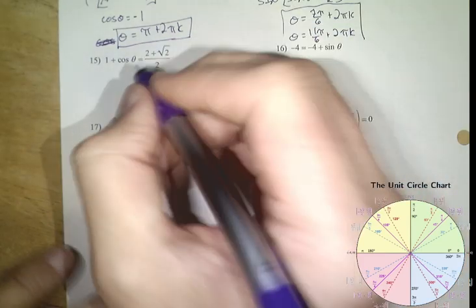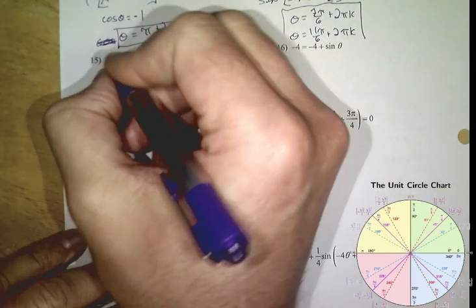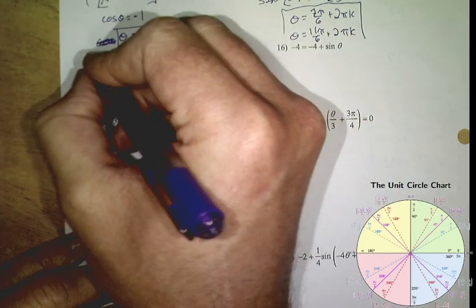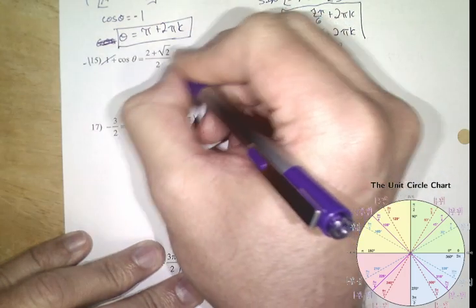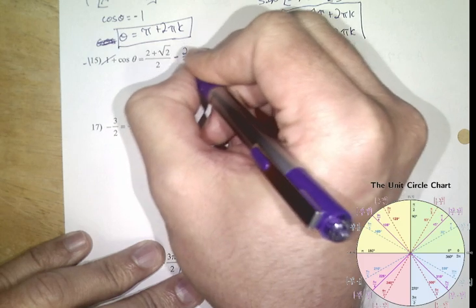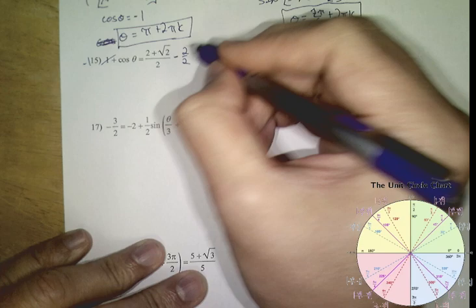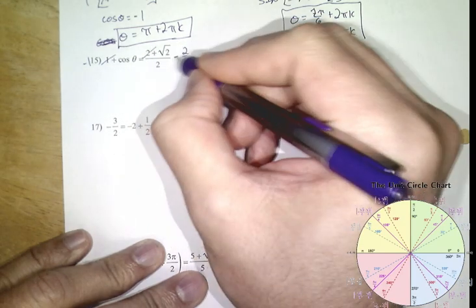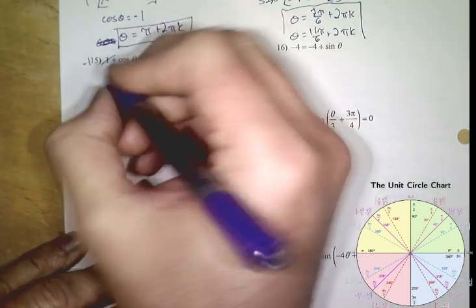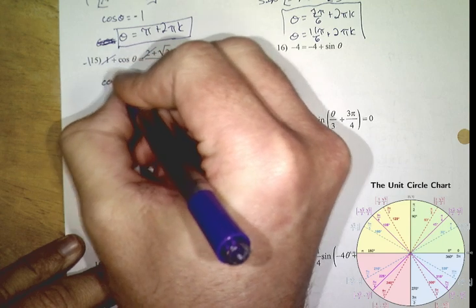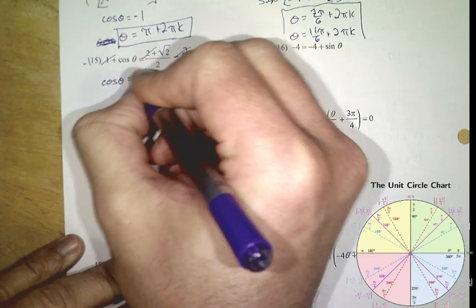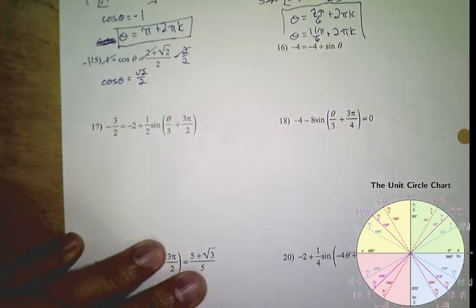Number 15. Let's start by getting the trig function by itself. So we are going to subtract 1 from both sides. If I'm going to subtract 1 here, I'm going to get common denominators and make it 2 over 2. That way I can see that a 2 minus a 2 cancels out, leaving cosine of theta equals the square root of 2 over 2.